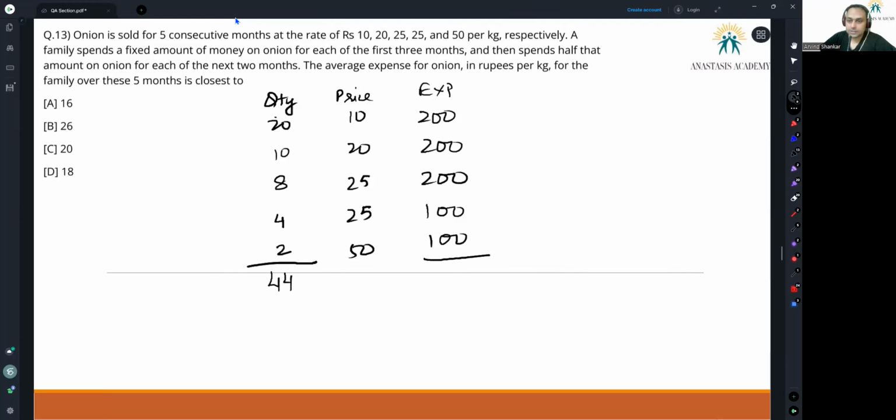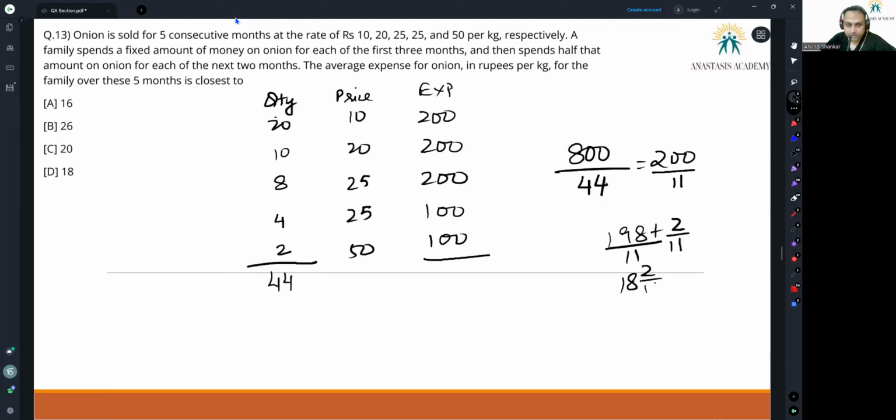Total expenditure turns out to be 800, and total quantity is 44, so the average is 800 by 44, which is 200 by 11, equivalent to 198 plus 2 by 11. This is 18 whole 2 by 11. The closest to this value will of course be option D. Expenditure numbers could have been assumed here.